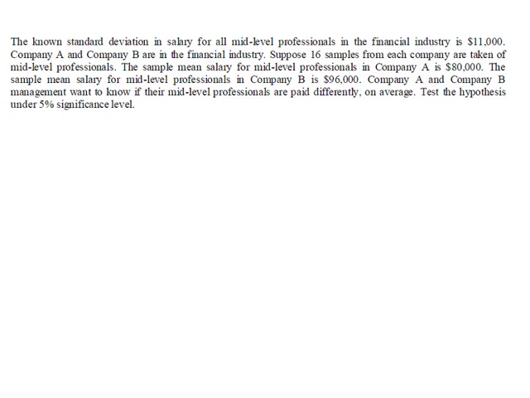Hello everyone. So this exercise is about hypothesis testing for two population means. Let's check it. The known standard deviation in salary for all mid-level professionals in the financial industry is $11,000. So it is a known thing before that. Company A and company B are in the financial industry.